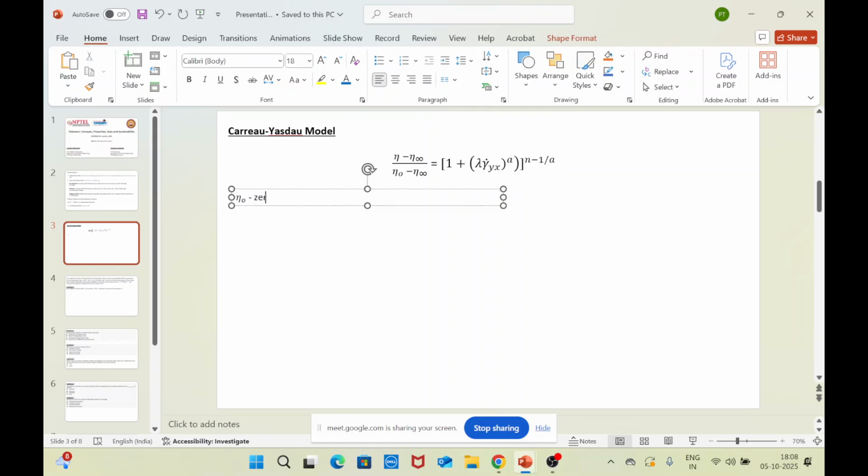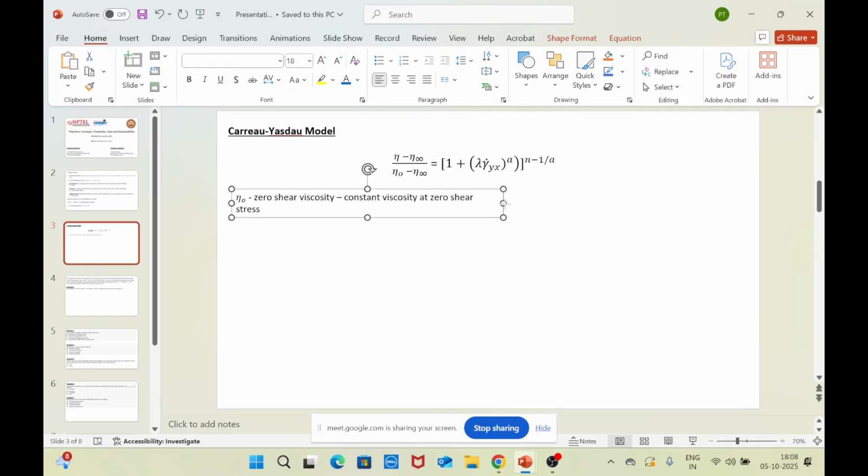Eta naught is called the zero shear viscosity. What it actually means is the constant viscosity, that is, a constant viscosity at zero shear stress.